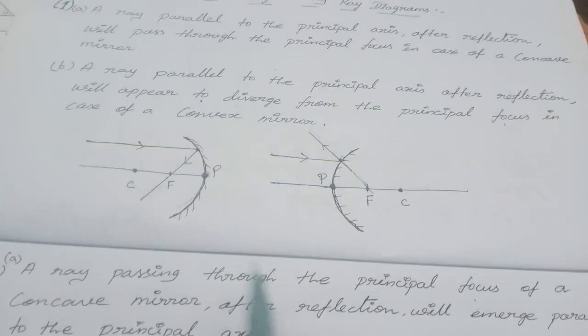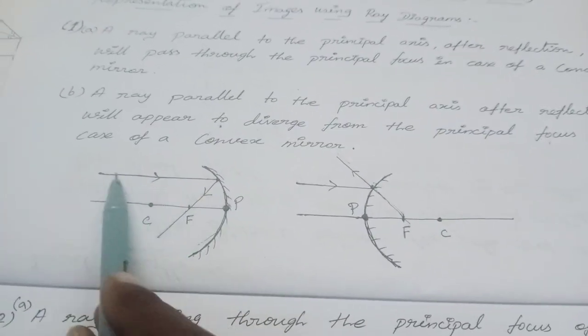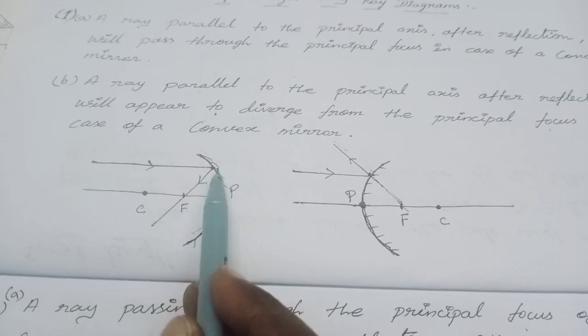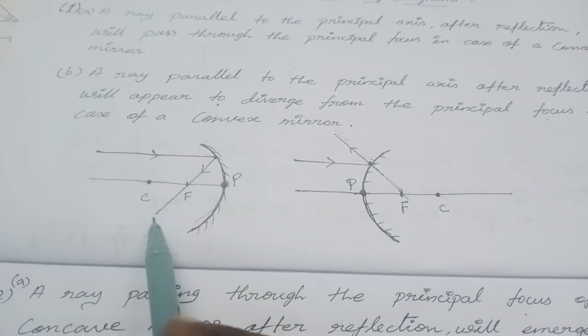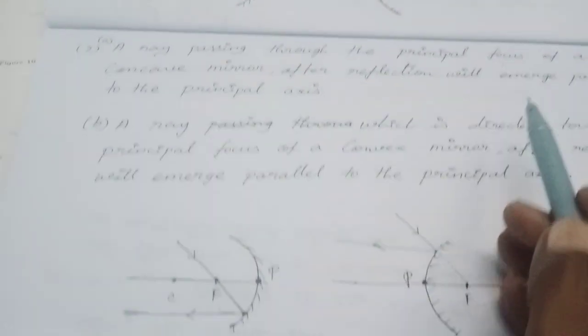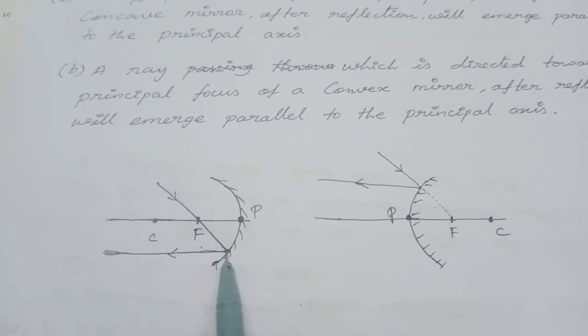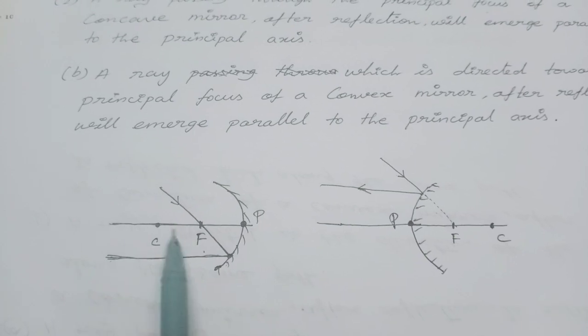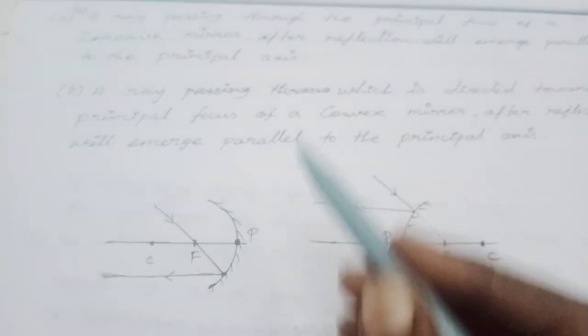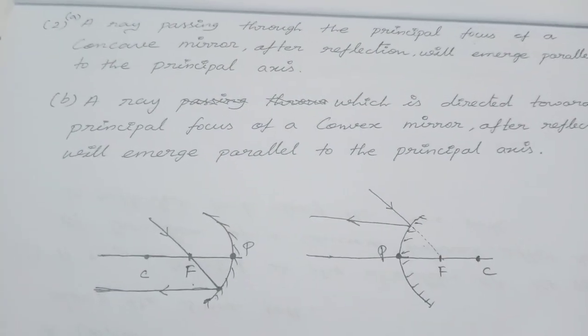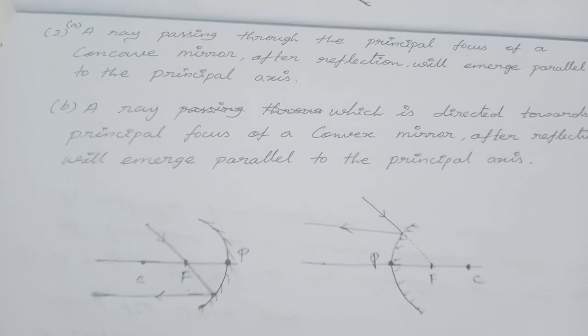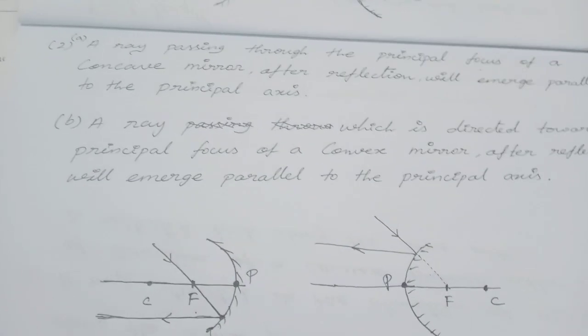In the first rule, the incident ray is parallel and the reflected ray passes through the focus. In the second rule, the incident ray passes through the focus and the reflected ray becomes parallel to the principal axis. So the first two points are quite opposite to each other. Clear, students? Now see the third point.